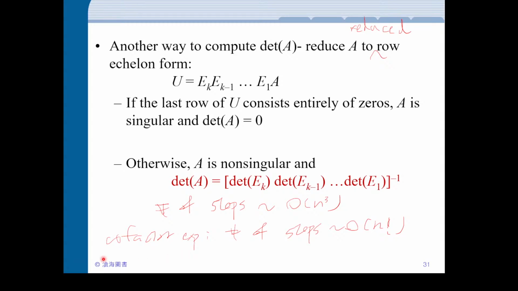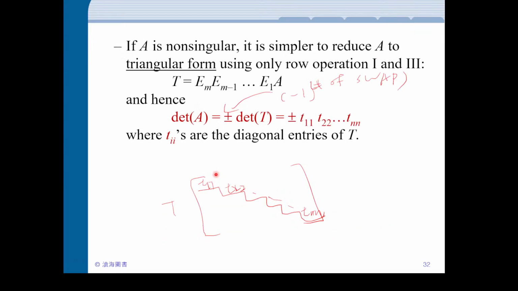But if you do cofactor expansion, because it's a recursive expansion, and at each recursion step you need to do about n steps, the total number of steps you need is about n factorial. And n factorial is much larger than n cubed when n is large. Okay, so this is a faster way to do the determinant.